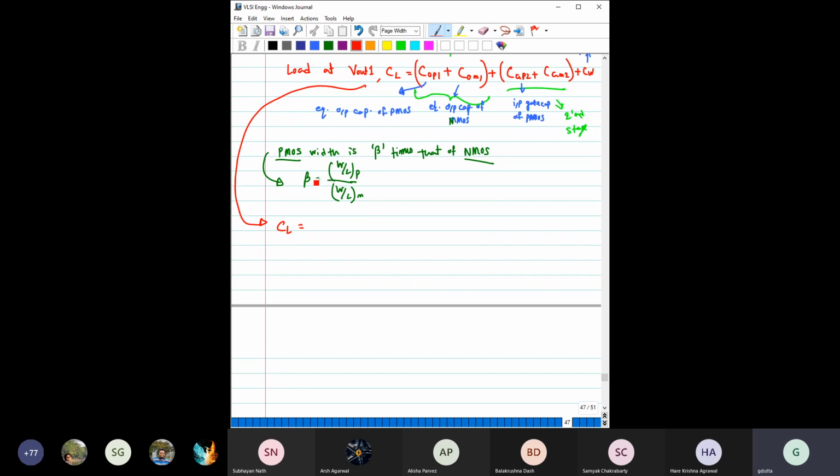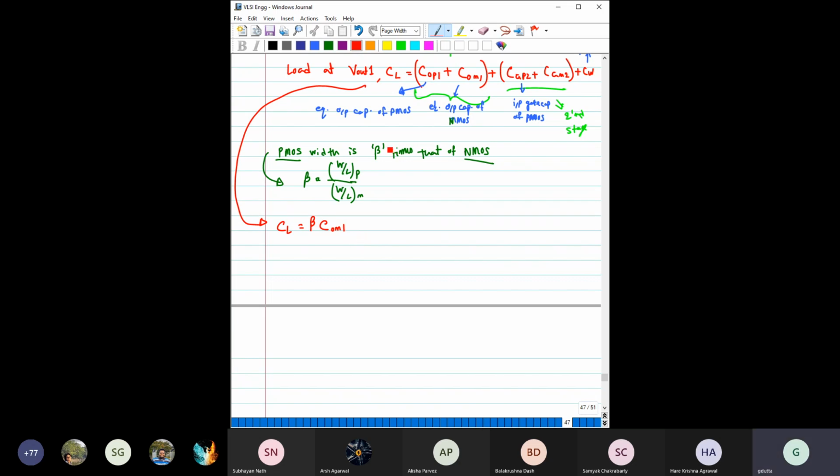If the PMOS width is beta times that of the NMOS, then all the associated capacitances are also beta times those of the NMOS. So if the NMOS output or self-loading capacitance is CON1, can we not write COP1 as beta times CON1?